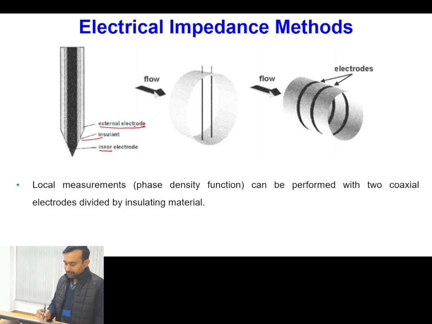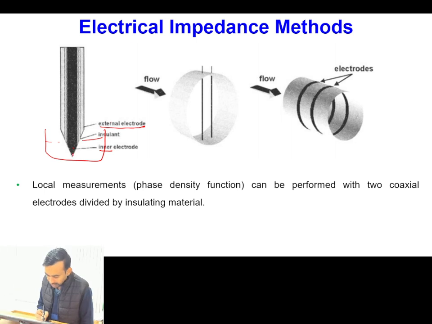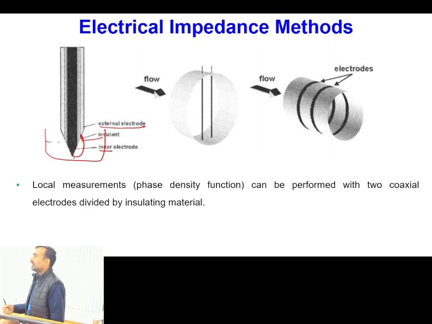If I put this into different fluid mediums, then depending upon the electrical conductivity of the different mediums, current will flow from the inner electrode to the outer electrode. The strength of that current flow, that signal, can give me the indication of which fluid is in contact with the probe. Is this one clear?